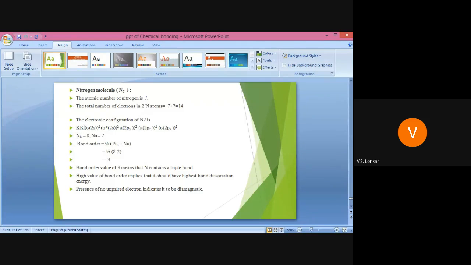Leave those electrons aside in calculating the bond order. This is very important. If you also consider the electrons from the inner first shell, the bond order will be wrong and you will not get the correct answer.